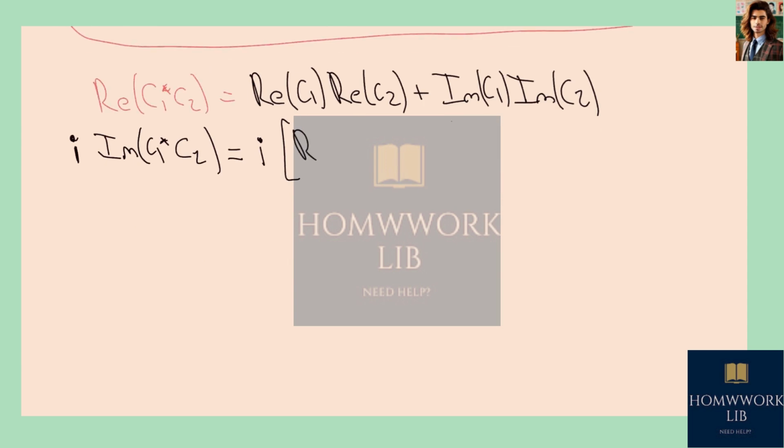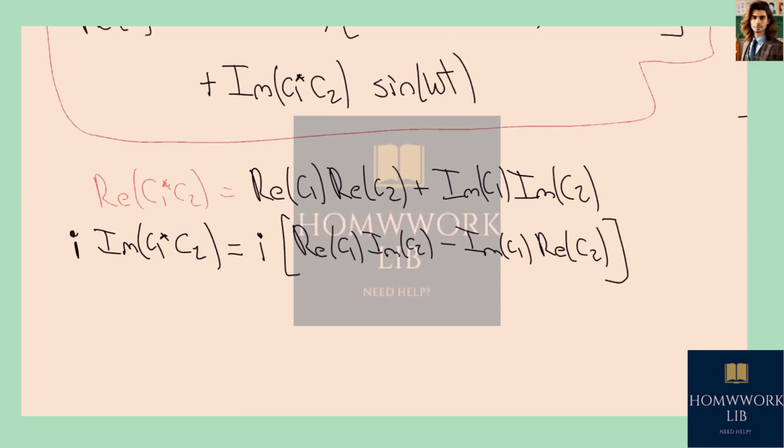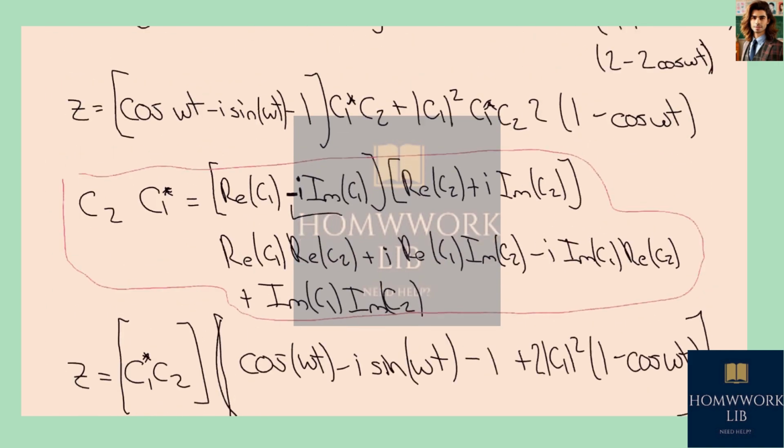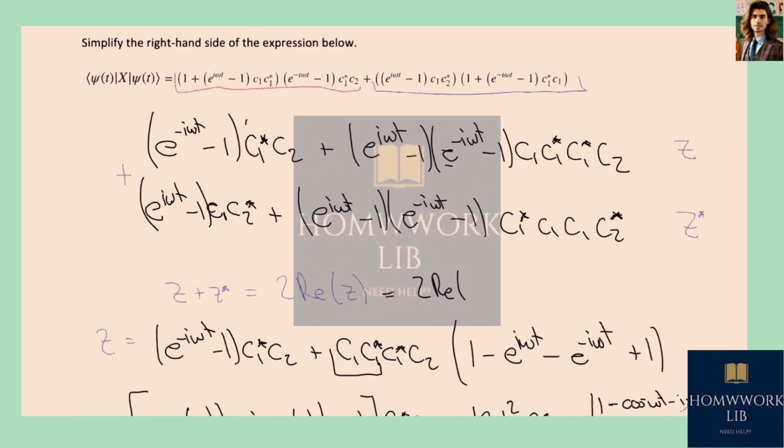So with that, we have already the result because we already found earlier over here that this expression was 2 times the real part of set, as we defined over here, because we have the sum of two complex numbers.